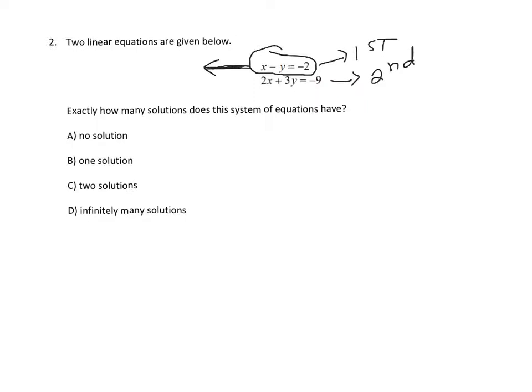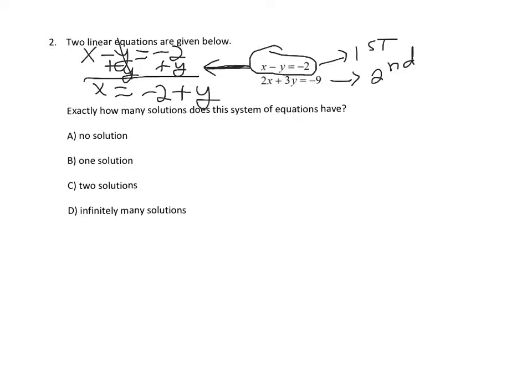So I'm going to copy it right now. x minus y equals negative 2. To isolate x, we add y to both sides of the equation, so that will cancel. So now x equals negative 2 plus y.